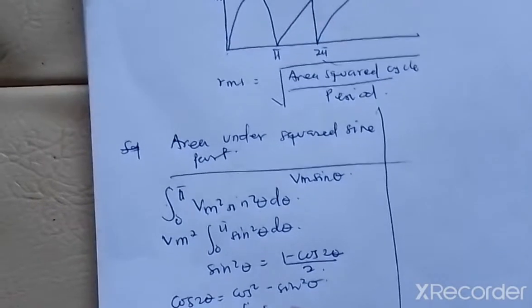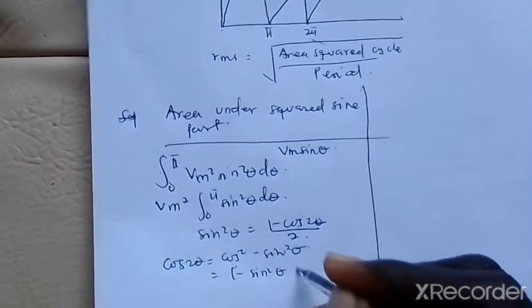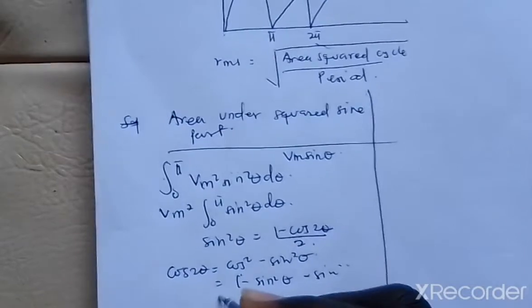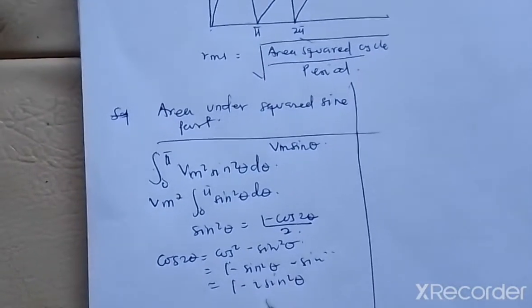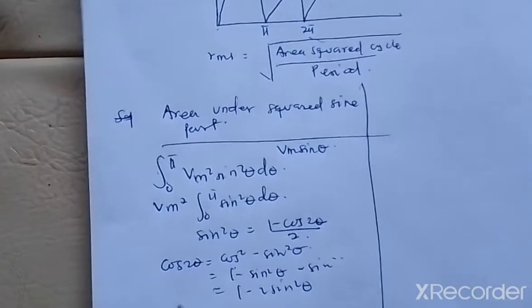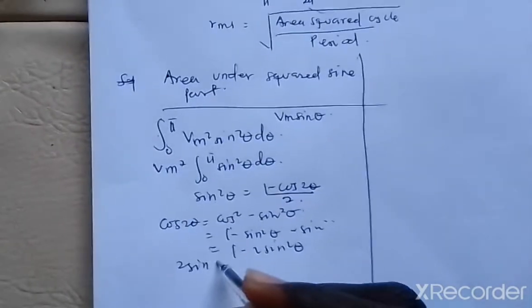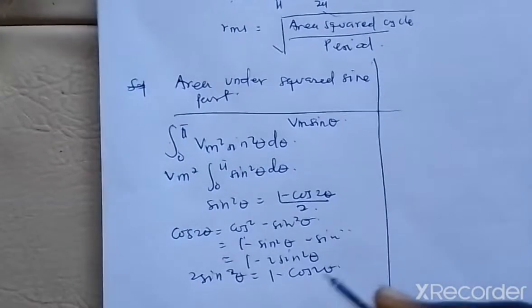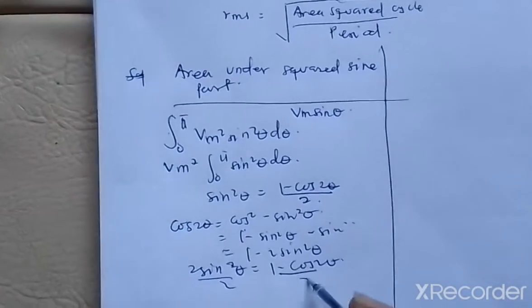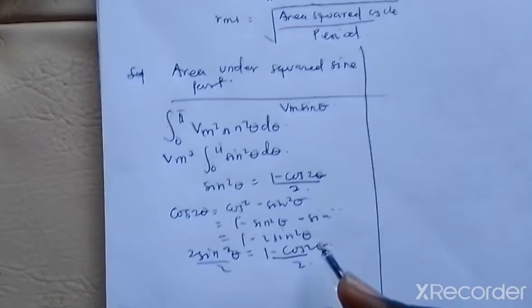So 1 minus sine squared theta minus sine squared theta gives 1 minus 2 sine squared theta. When you make this the subject, you get 2 sine squared theta equal to 1 minus cos 2 theta, and we divide through by 2 to get sine squared theta equal to this.